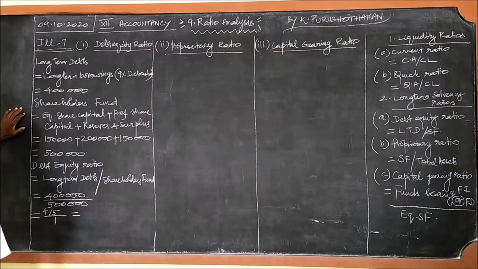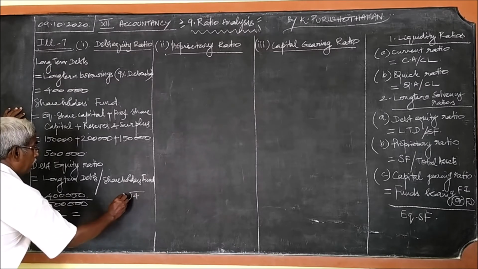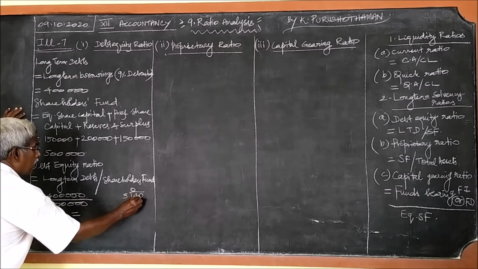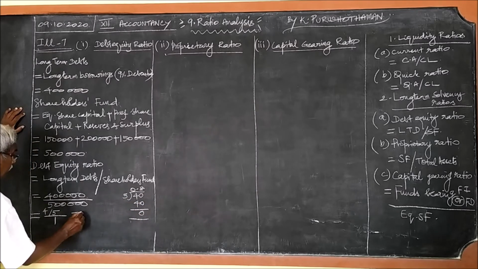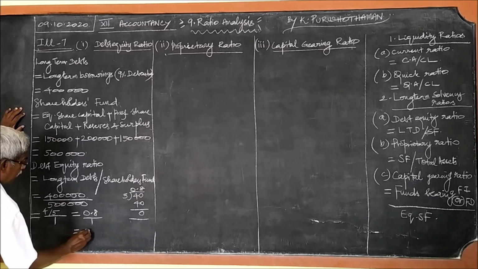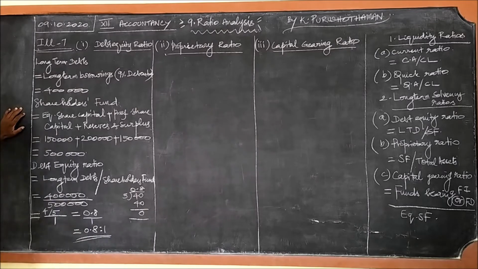If you divide 4 by 5, no 5 in 4, 0, put the point, 8 5s are 40. Therefore, this is 0.8 by 1, which is 0.8 is to 1. This is the ratio.